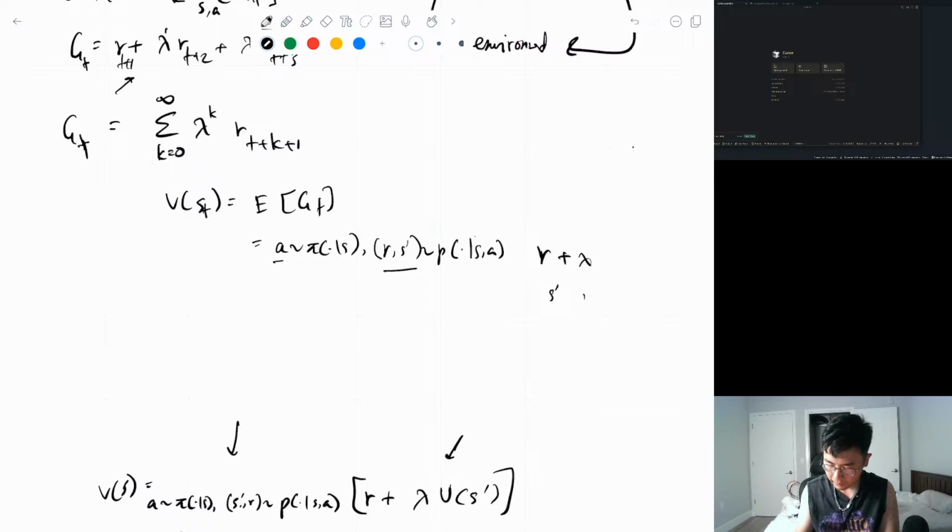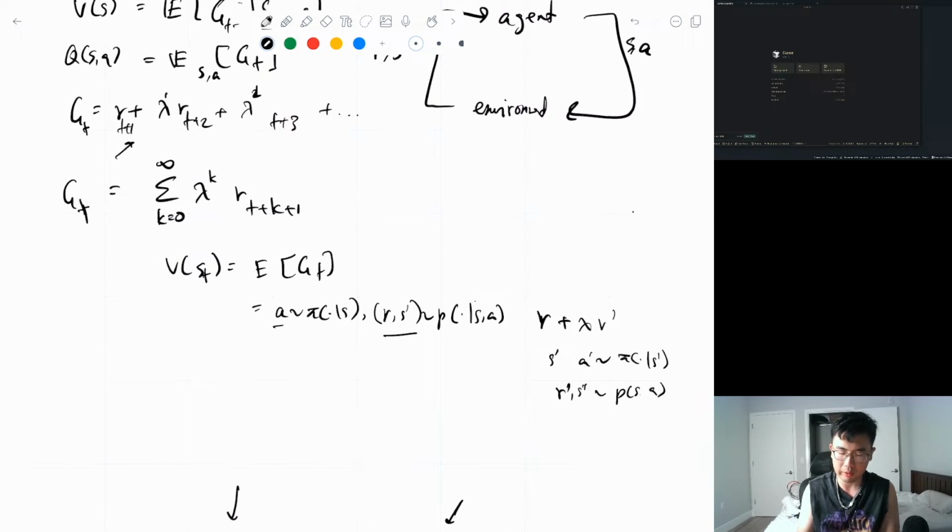You need to sample A prime from pi of S prime, and then you have R prime, S double prime sampled from P of S, A. And so that's why we use the T notation.